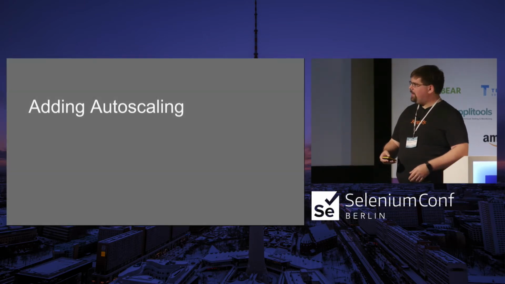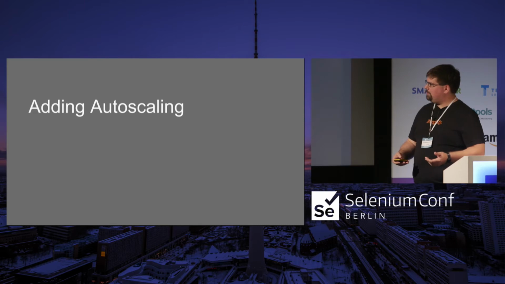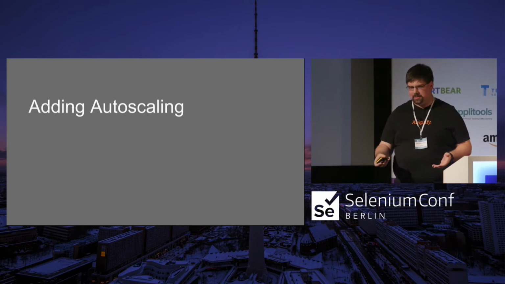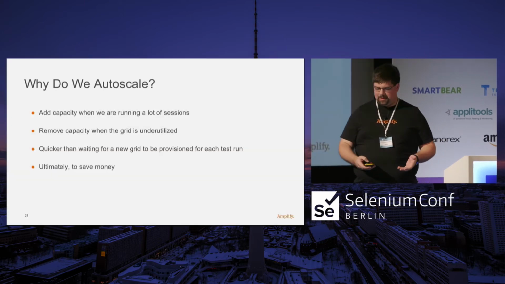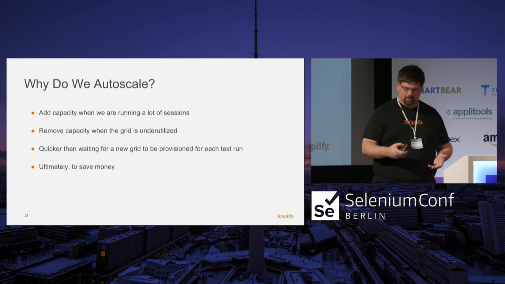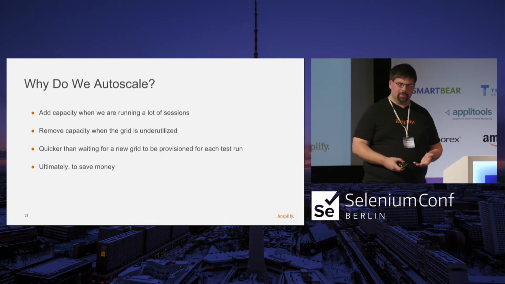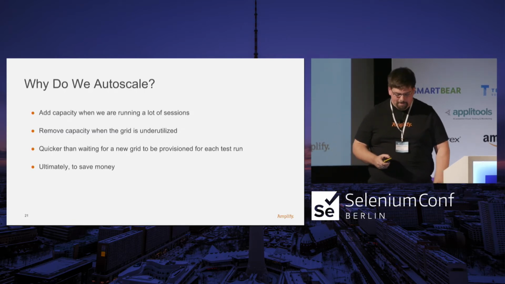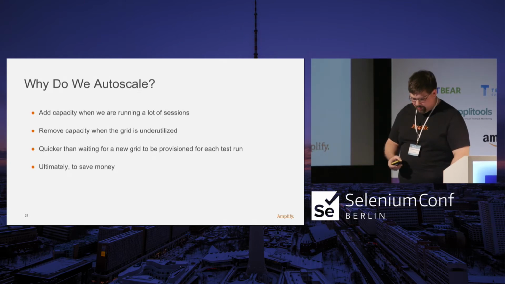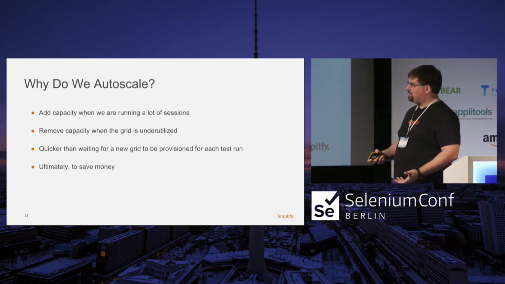All right, so past that, one of the first things we did to optimize cost for our Selenium Grid was to add autoscaling. Like I said before, we're already using autoscaling groups, but we're not actually using them to autoscale, which is a strange situation to be in. So why would we want to do this? The basic idea was we wanted to add capacity.